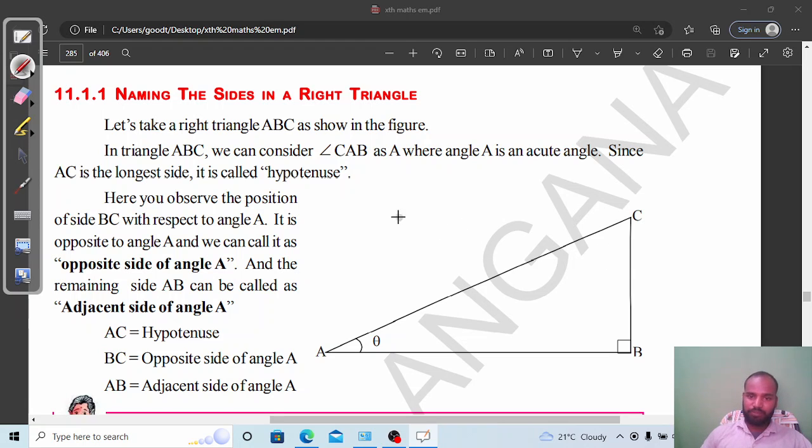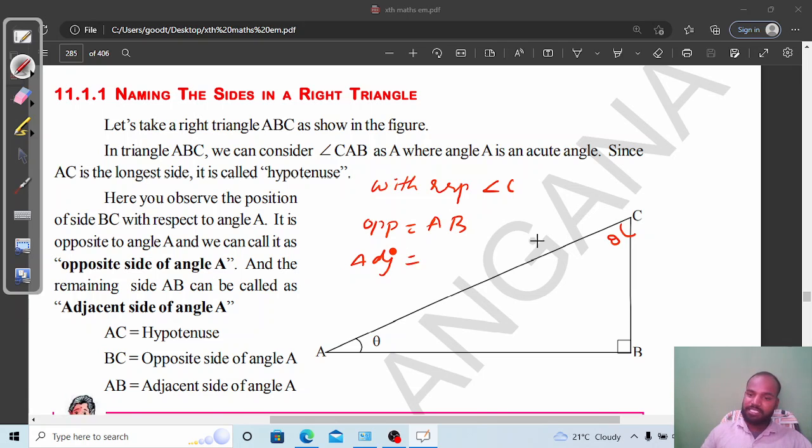So suppose with respect to the angle C, what is opposite? Opposite side is AB. Now what is adjacent?